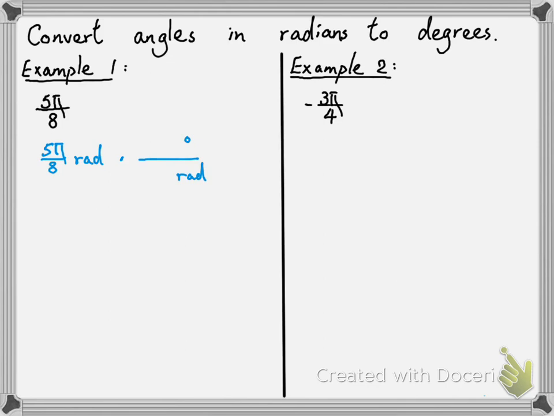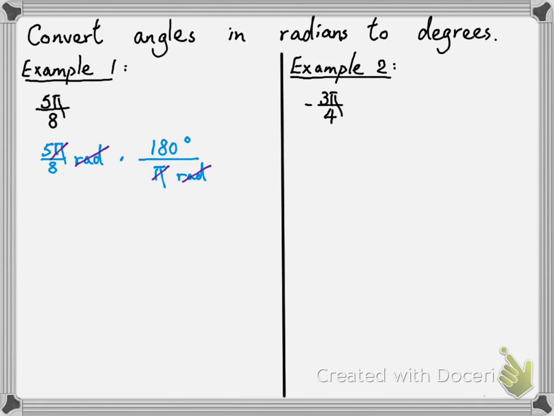What we know from the last slide is 180 degrees is equivalent to pi radians. To convert radians to degrees, we multiply by 180 degrees over pi radians. Now we can cancel out the radians.